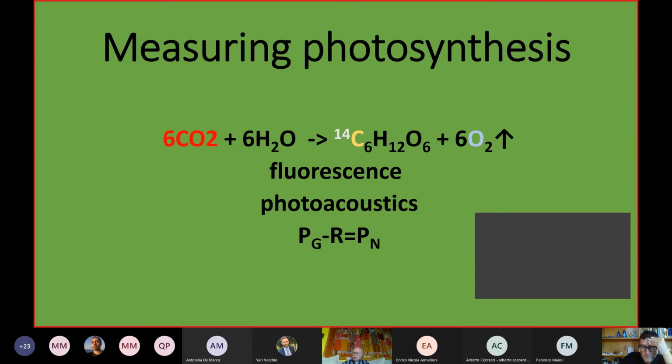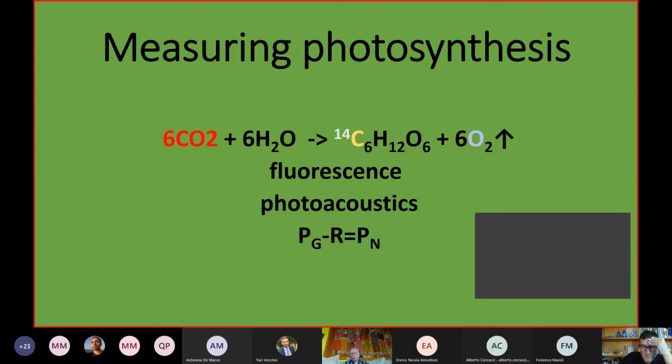Now, we are not interested in the carbon-14, we are interested in the carbon-12. But we know how much carbon-14 we added related to the ambient carbon-12, so we know how much photosynthesis is going on.